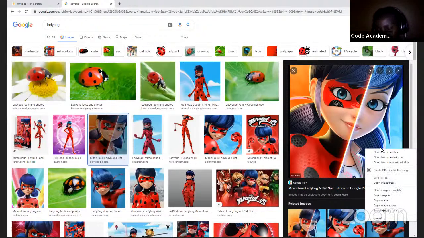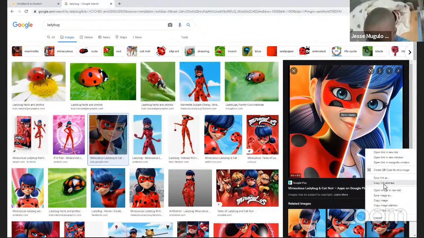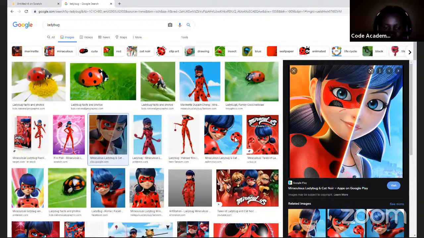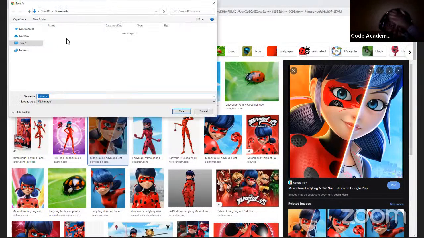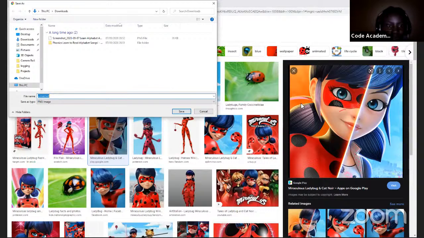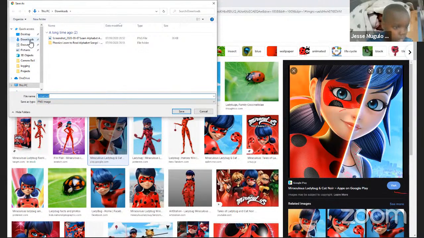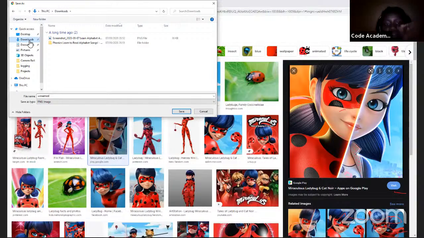Go to save image as. Click that. Has it brought a pop-up? So do you go and click downloads? Just downloads up there. Yes, click downloads. I clicked it. Oh, okay. So go and click save.